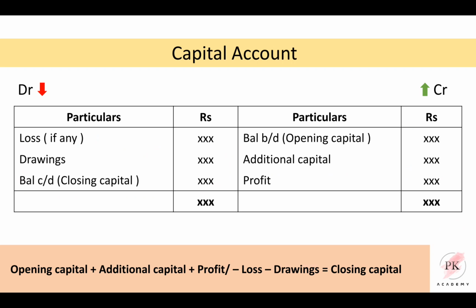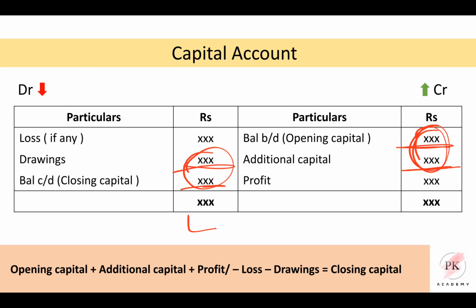So what we are doing here is to find out the closing capital or to find out profit and loss. First we will add these things, and after that we will subtract these things, which means opening capital plus additional capital minus drawings minus closing capital, then the difference should be loss.